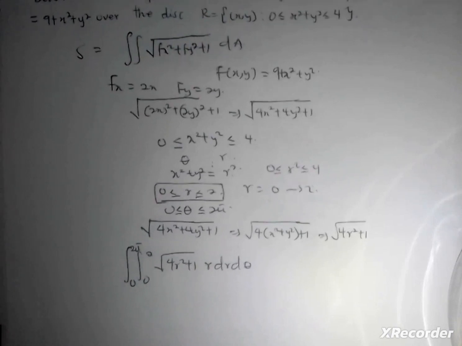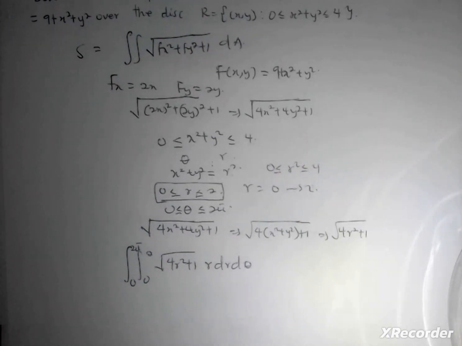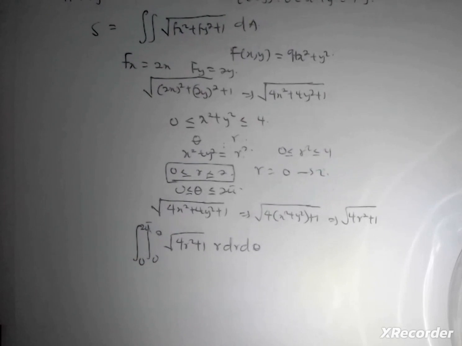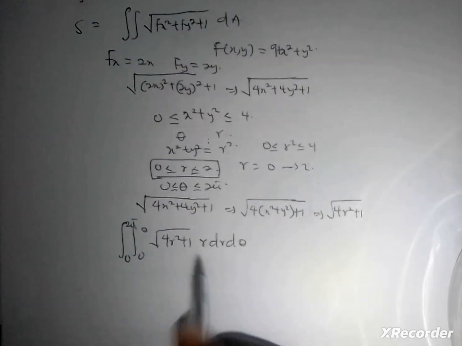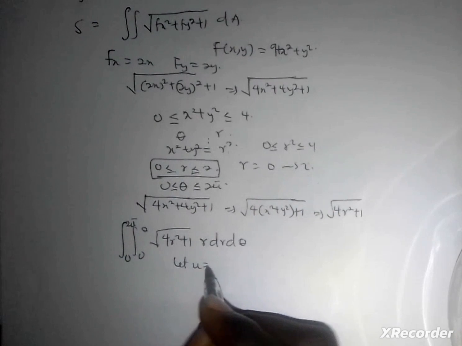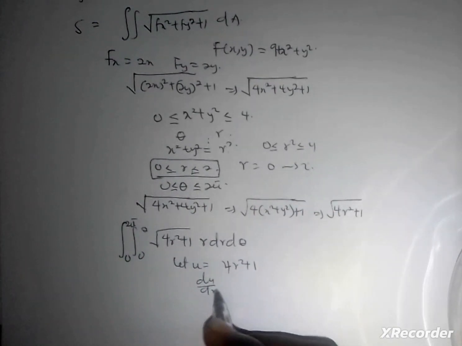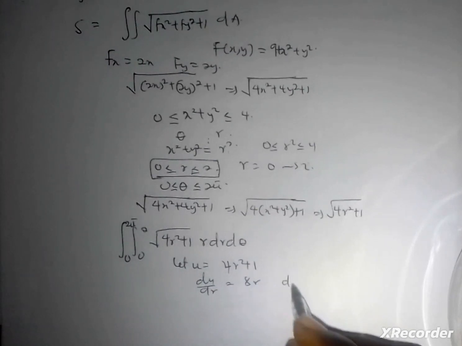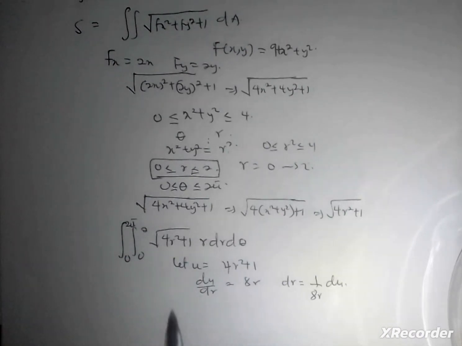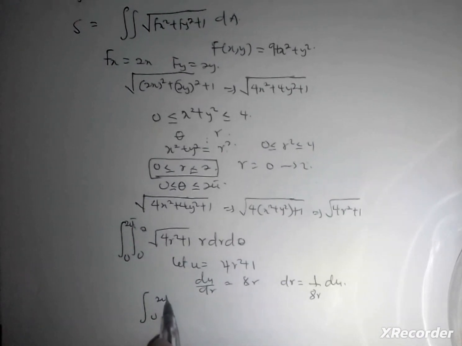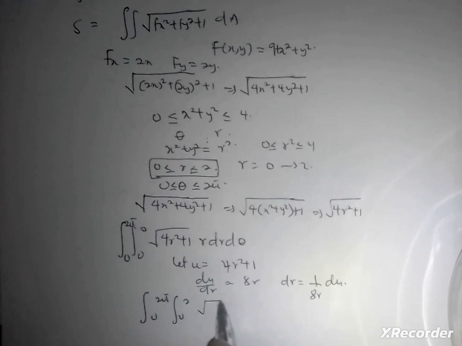Next I'm going to compute this simple integration here, which will be a substitution. Let u equal 4r squared plus 1. Our du over dr is simply 8r, therefore dr is 1 over 8r du. I bring everything back here: integral 0 to 2 pi, integral 0 to 2, root of u multiplied by r, then multiplied by 1 over 8r du.